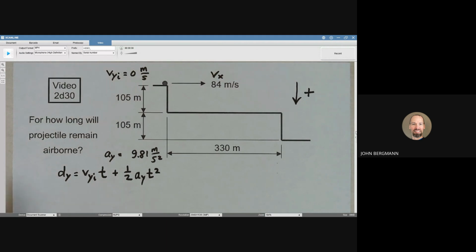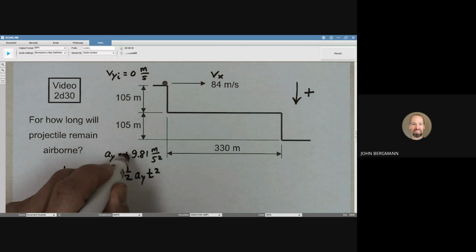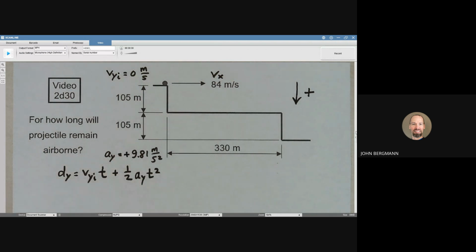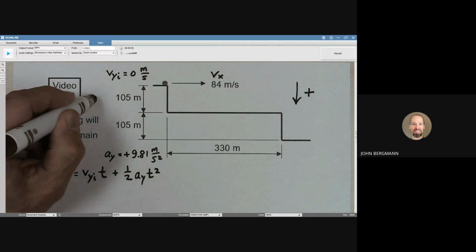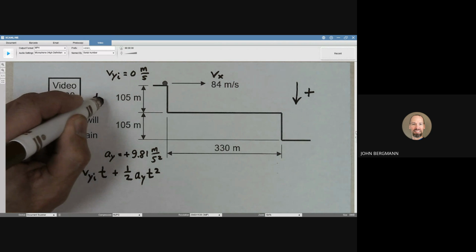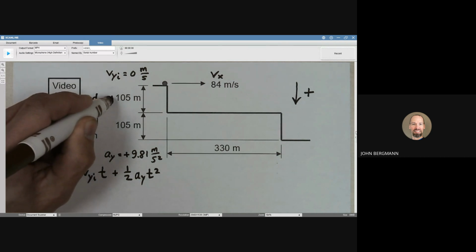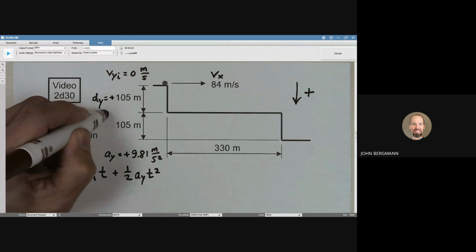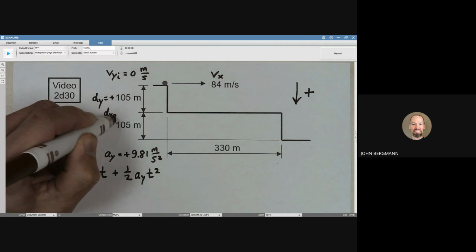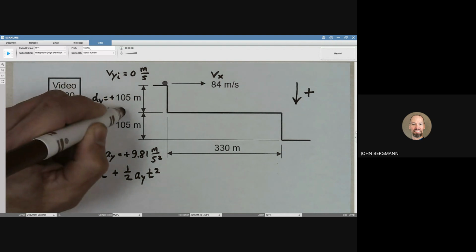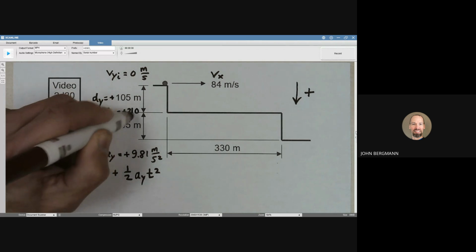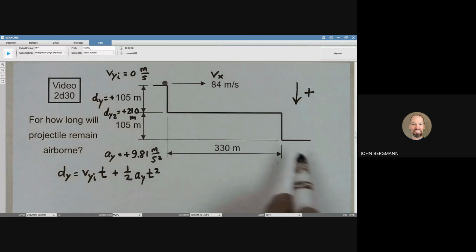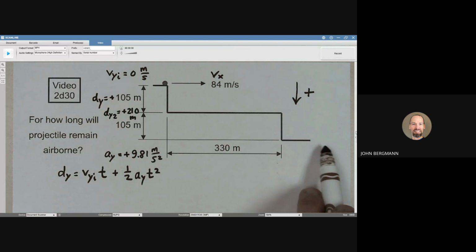We're free to do that, which means this acceleration is going to be 9.81 meters per second squared. We're going to have one dy that's equal to 105, and a second dy that's going to be 210, if it clears the shelf and lands on this part on the far right side of the screen.